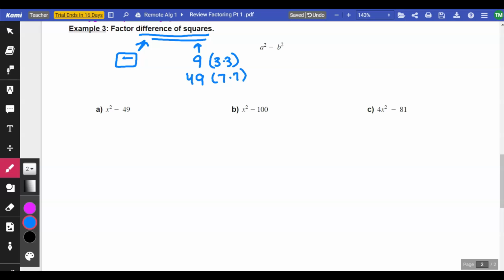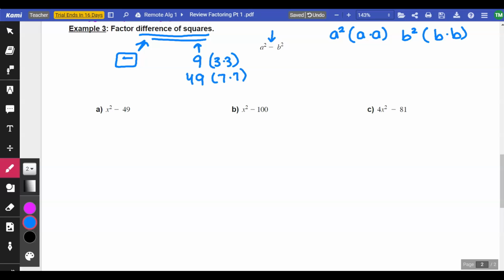So whenever you have a difference of squares, for example, a squared minus b squared, we have subtraction, and a squared is a perfect square because a times itself is a squared. B squared is also a perfect square because b times itself is b squared.